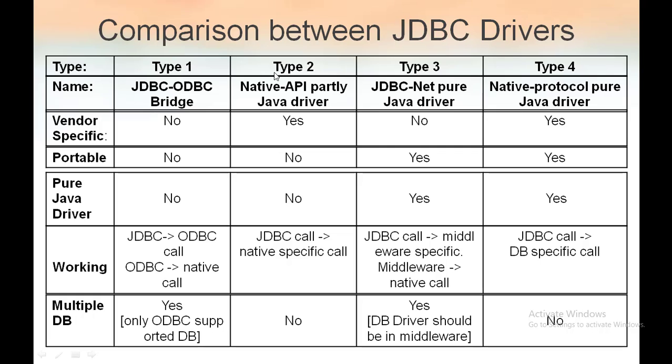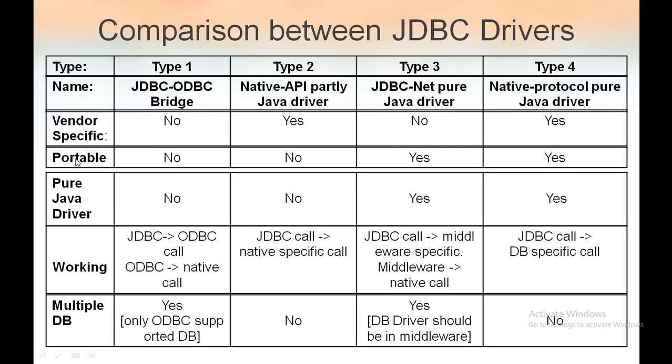Comparison between JDBC drivers. Here a total of 4 types of drivers are available as column names, and here are different categories. First is name: JDBC-ODBC, native API, JDBC net and native protocol. Only type 2 and type 4 drivers are vendor specific drivers.